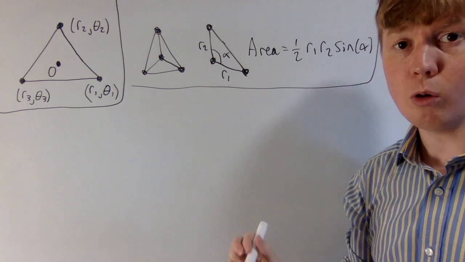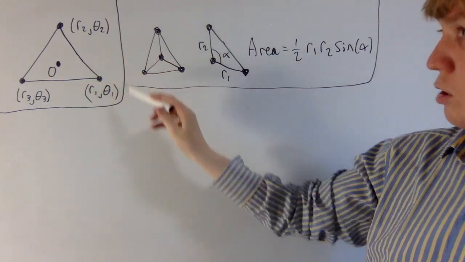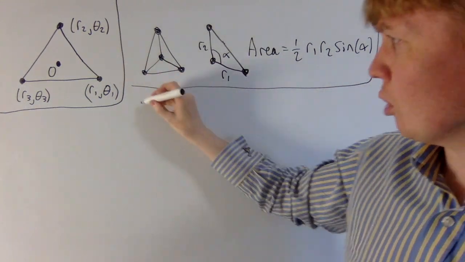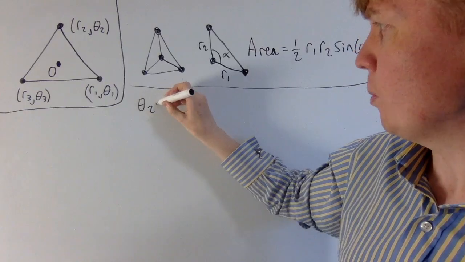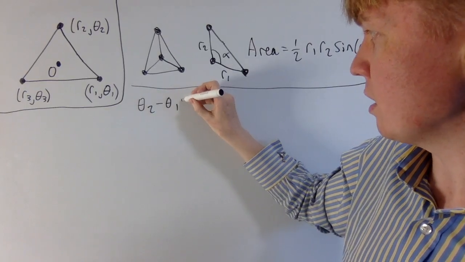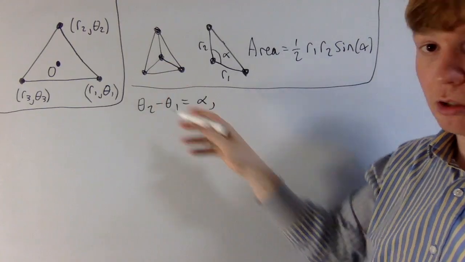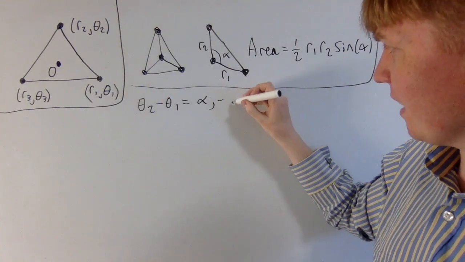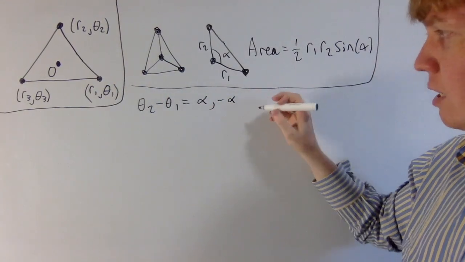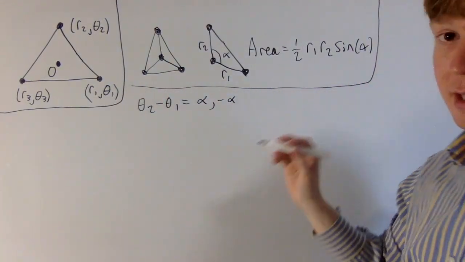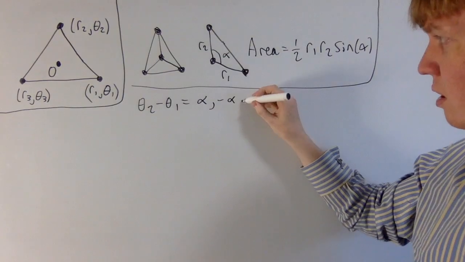So unfortunately, it's not quite as simple as just saying that alpha is θ2 minus θ1. I'm not going to go into all the details of this, but basically if you calculate θ2 minus θ1, you could get this equal to alpha, which is great, or depending on how these are oriented, you could also get the negative of the angle that you really want, so minus alpha. So when we do sine of minus alpha, this isn't any good, sadly.